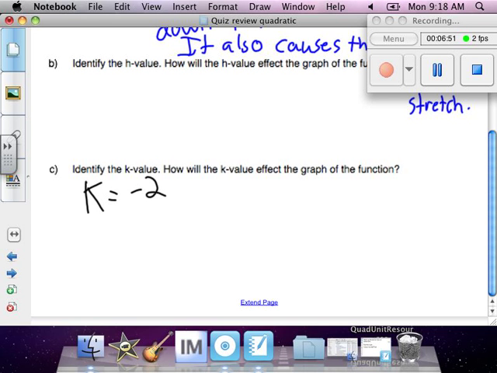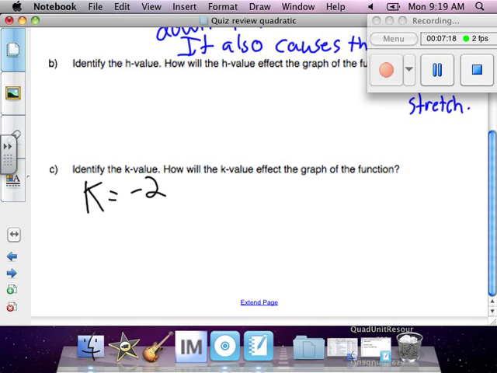Its vertex is on 0, 0. What happens when we change the K to -2? Does it affect the x values or the y values? Y. If we change the y value from 0 to -2, does the graph go up, right, left, or down? Down. How many?